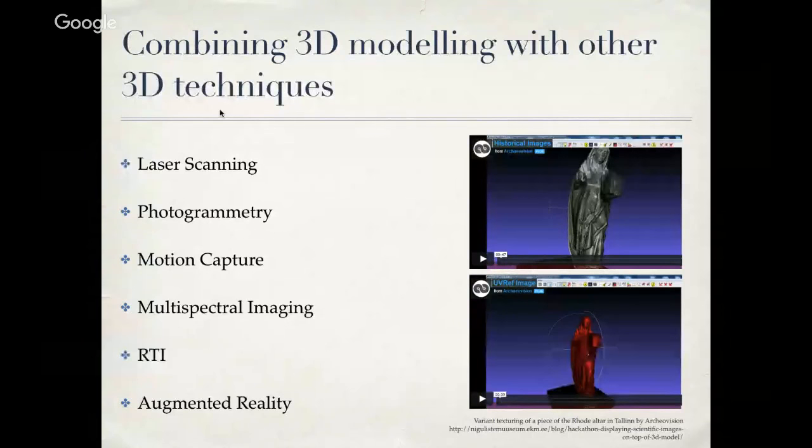Or you could use 3D modeling and augmented reality, as I've recently seen the Natural History Museum in Berlin has done. You can see 3D models of dinosaurs actually moving around you, and I bet that is incredibly engaging for the public.